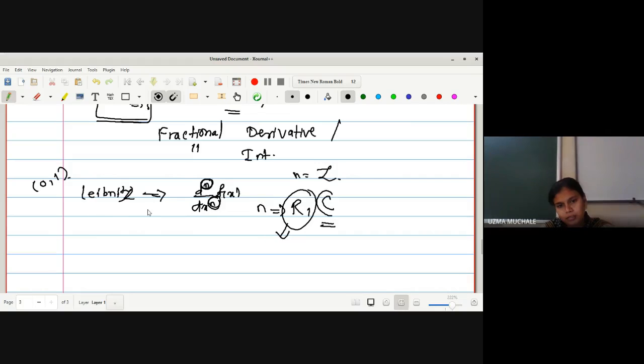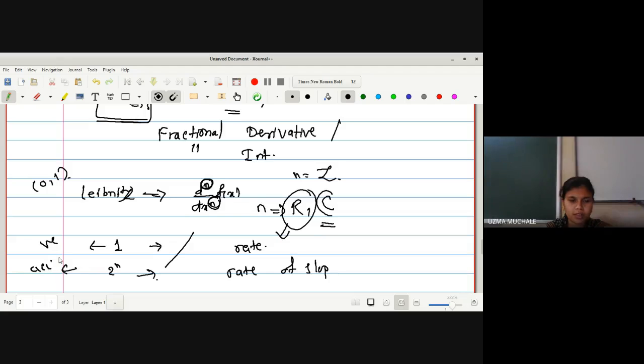Suppose we go for the first derivative of any function, it will give you the slope of a tangent, or rather we can say it is giving you a rate of change. The second derivative will give you the rate of change of the slope of a tangent. Okay, and so on. Or rather, we can say the first derivative is velocity, and the second derivative is acceleration.